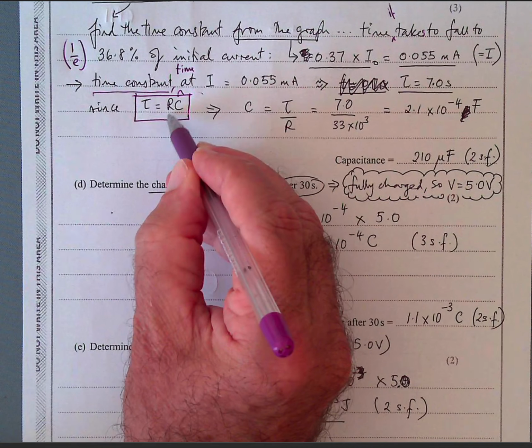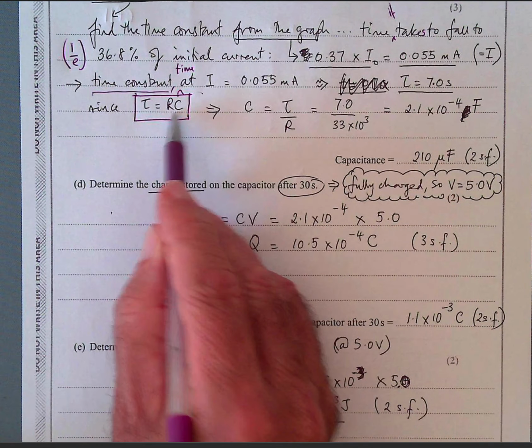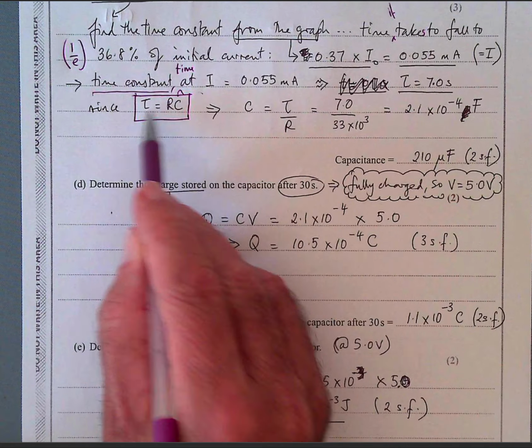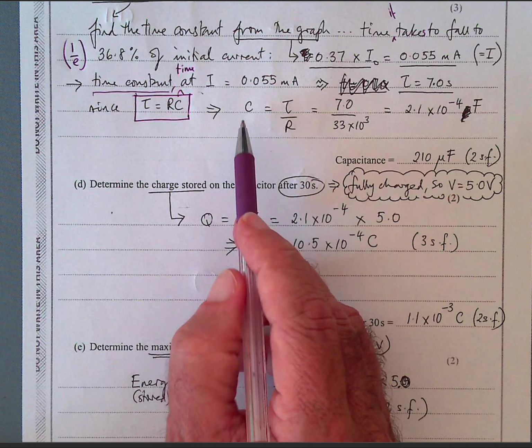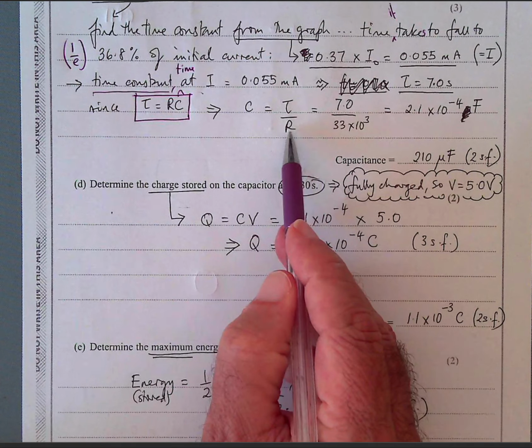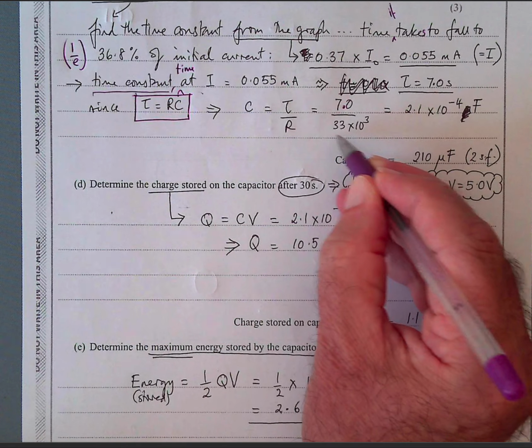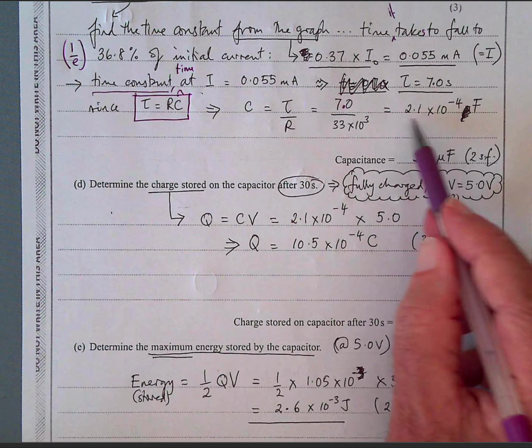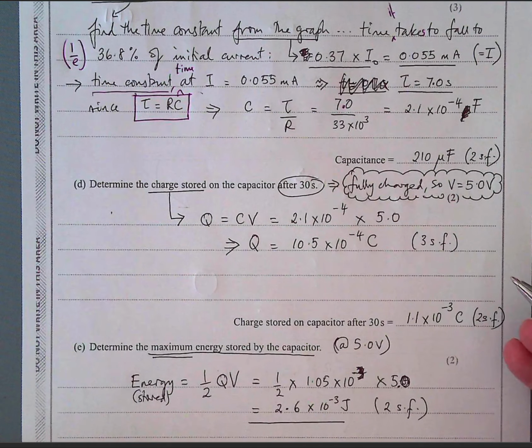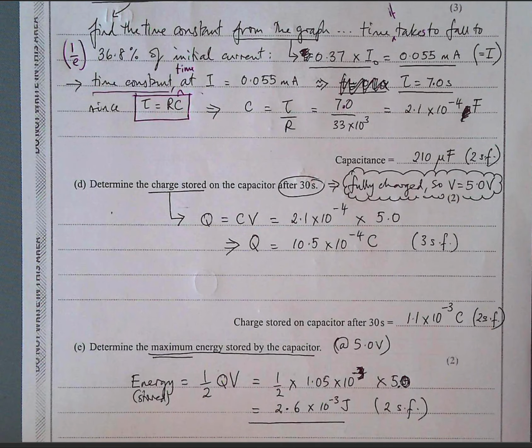Now we know the resistance of the circuit was 33,000 ohms, and we know now 7 seconds, so you just got to do some algebra. The capacitance is the time constant divided by the resistance. So 7.0 divided by 33,000, and you'll get approximately, to 2 significant figures, 2.1 times 10 to the minus 4 farads.